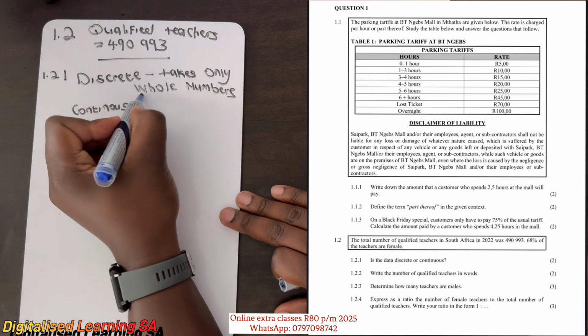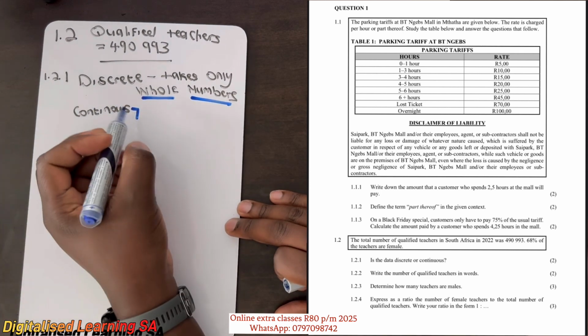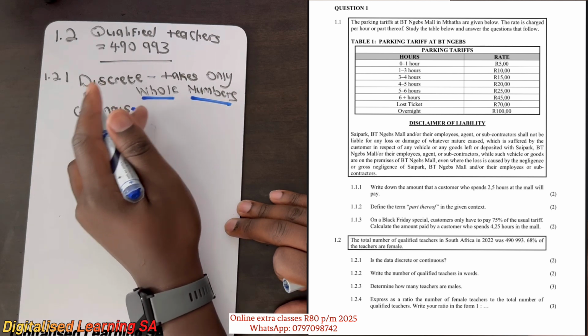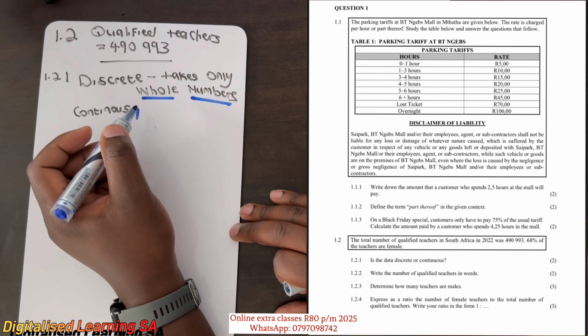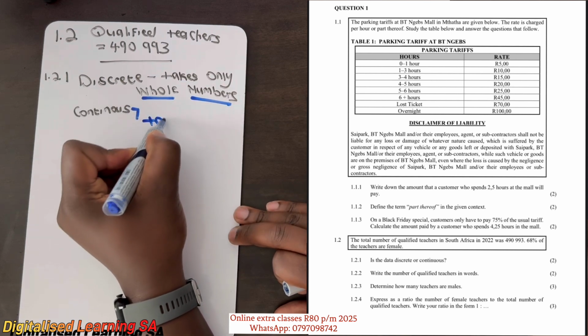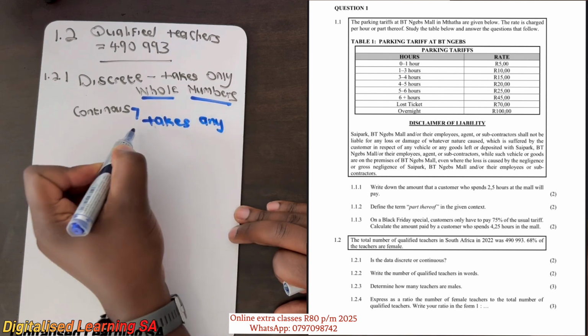So it takes only whole numbers. And continuous can take any number. Doesn't matter whether the number or the answer has fractions or decimals. So it takes any number.